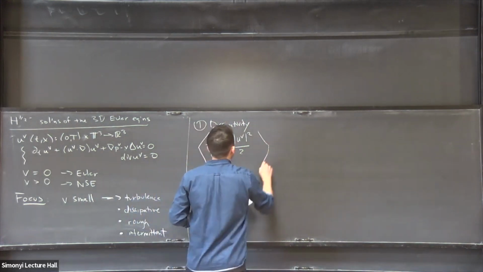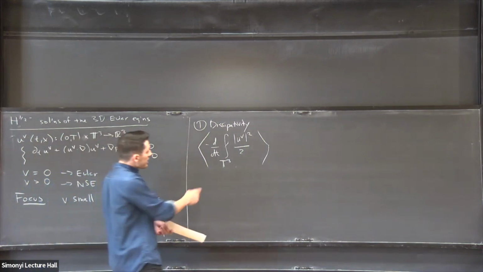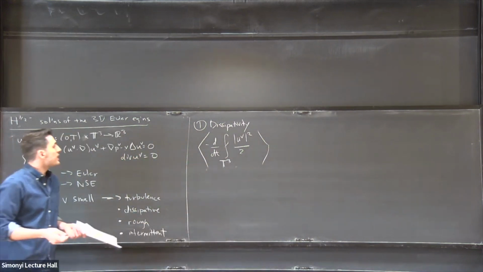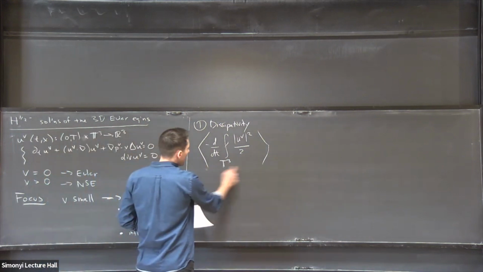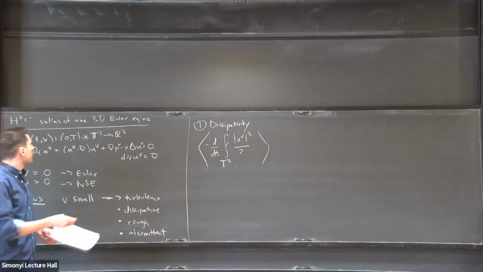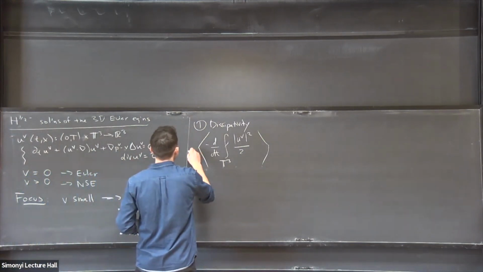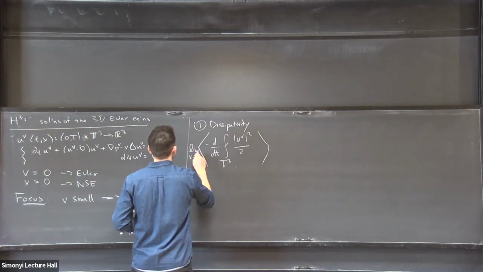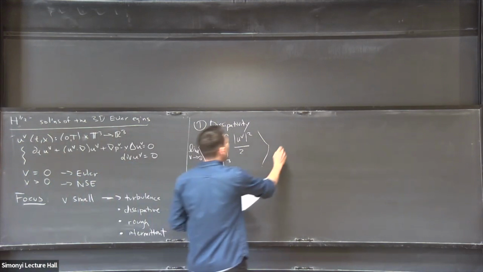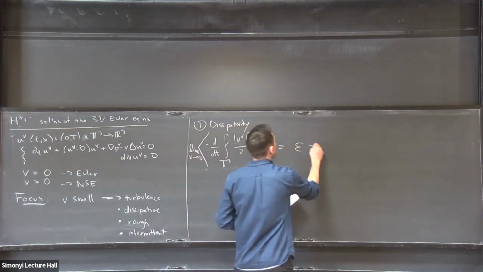And I'm going to put brackets around this quantity to indicate that I'm either taking a long time average or an ensemble average. And then this quantity here is something that just depends on the parameter ν. And so I want to take the limit as ν goes to 0. And what we get on the right-hand side is some positive number ε.